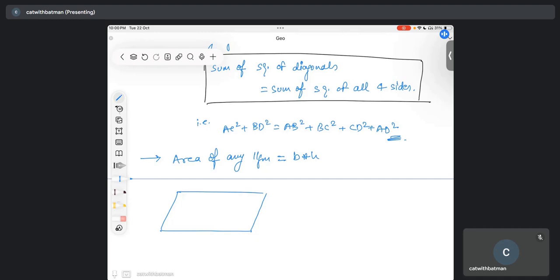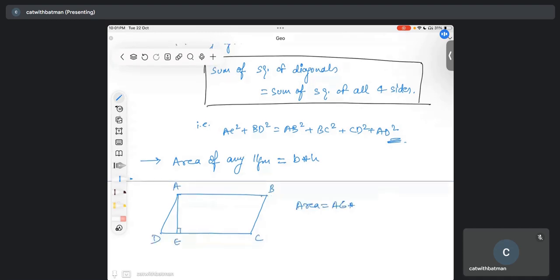This is A, this is B, this is C, this is D. And here you have perpendicular E. So area will be AE multiplied by DC.